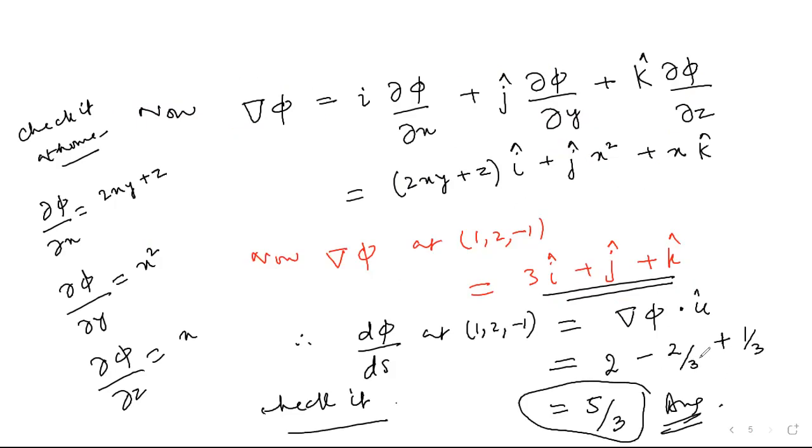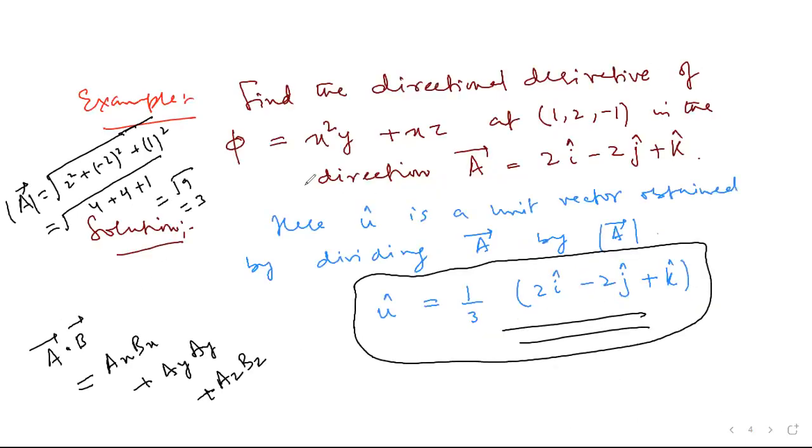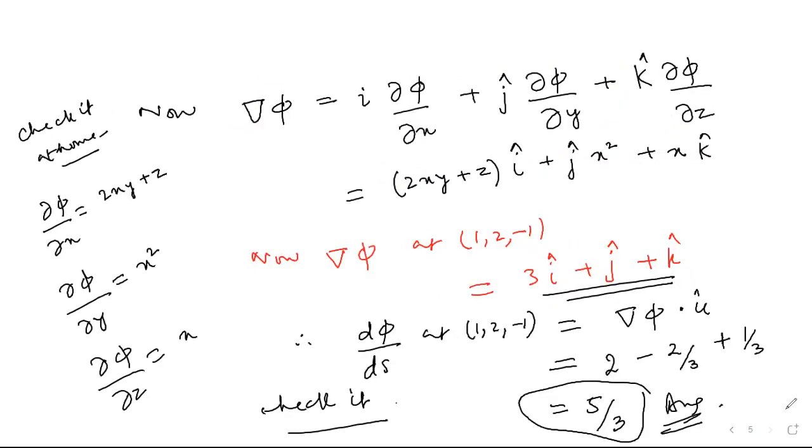So it is 2 minus 2 by 3 plus 1 by 3, which is 5 by 3. Right? It's 5 by 3. That's my answer. 5 by 3 is the value of the directional derivative of this particular scalar field at this particular point in the direction of the vector A. I hope you got the idea.